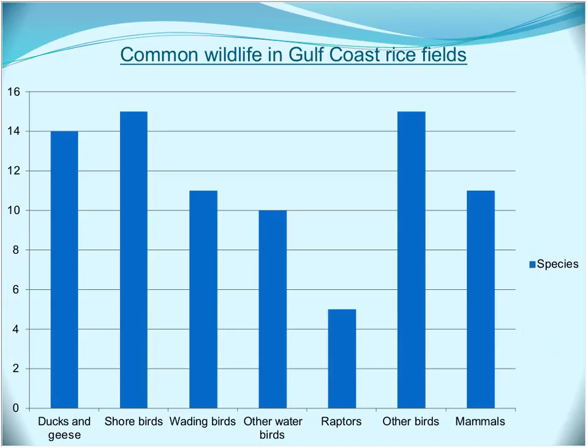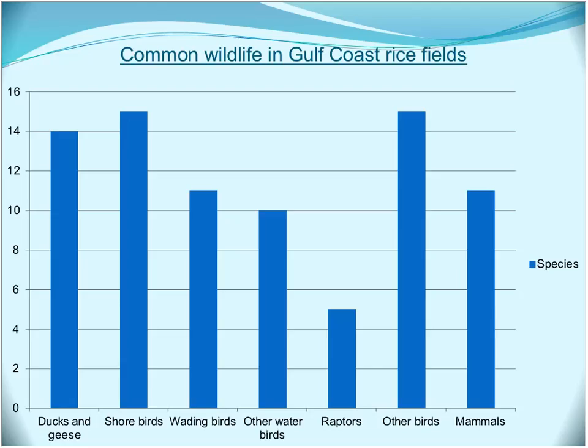This is some Rice Foundation information regarding the number of species that are commonly associated and found in Gulf Coast rice fields. This is ducks and geese on the left, shorebirds, wading birds, other water birds, raptors, other birds, and then mammals.